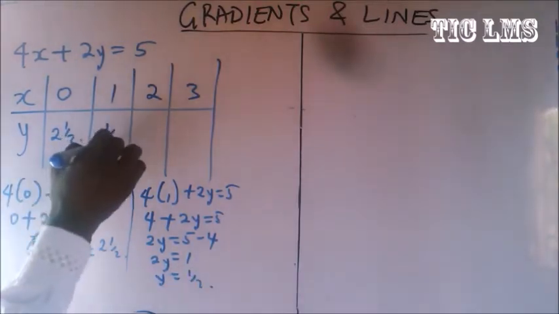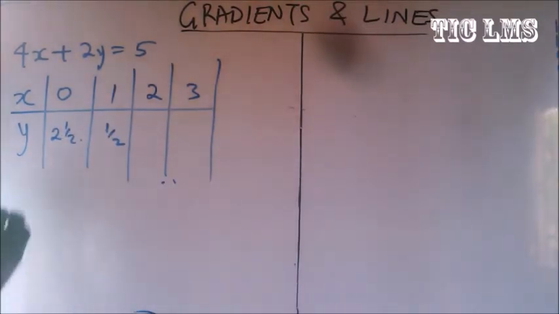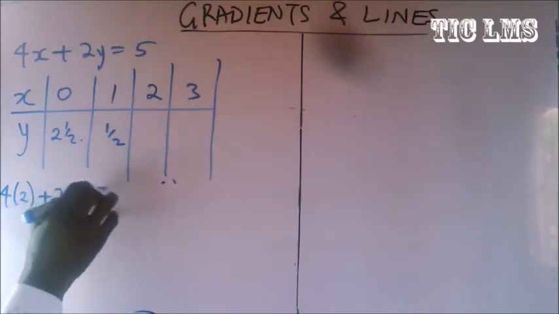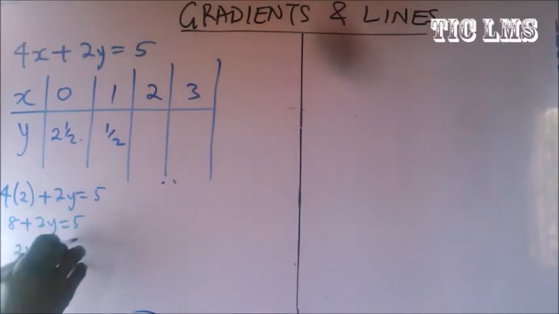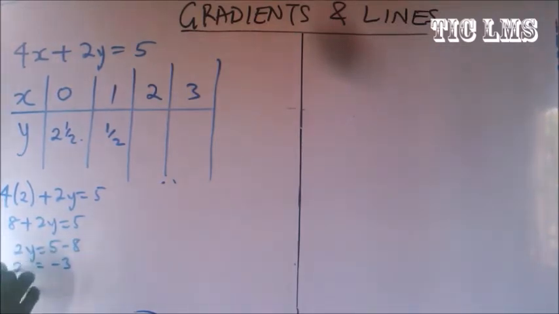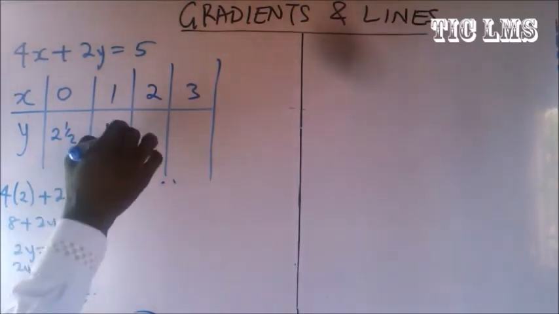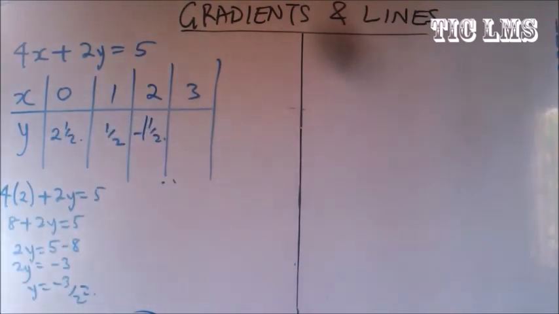Next, what will be the value of y when x is 2? 4 into bracket 2 plus 2y equal to 5. 4 times 2 gives 8 plus 2y equals 5. So 2y equals 5 minus 8, that's minus 3. So y equal to minus 3 over 2, which is minus 1 whole number 1 over 2.